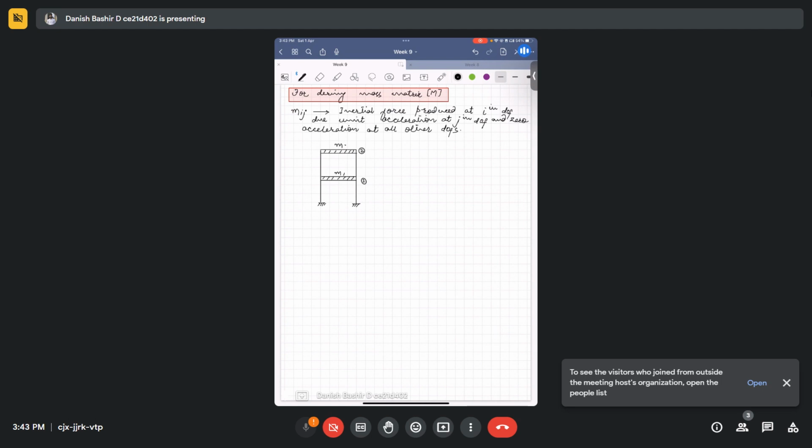I already told you that to get M11, give unit acceleration at degree of freedom 1, that is x1 double dot equal to 1, and zero acceleration at all other degrees of freedom.